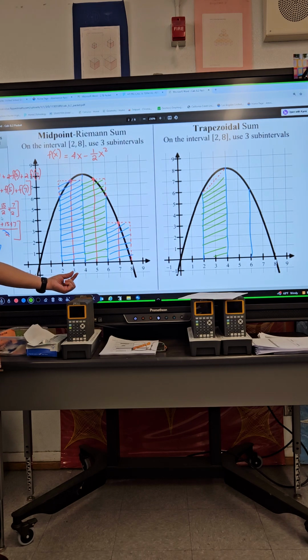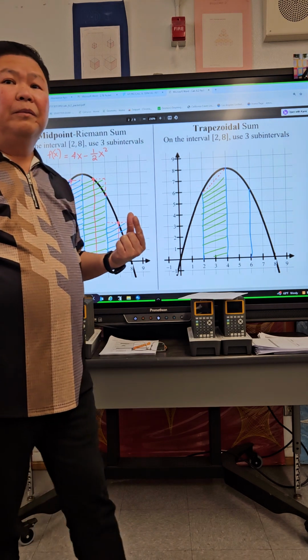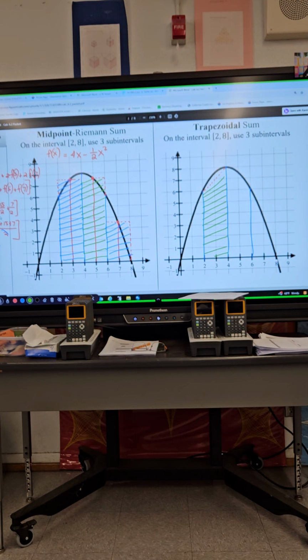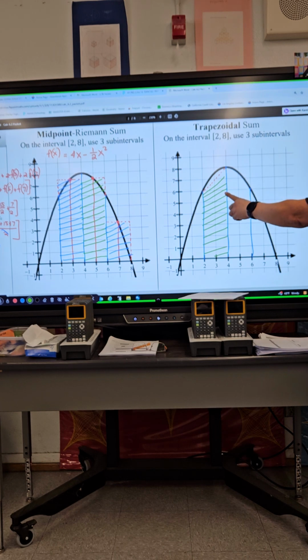A while ago, this is the width, right? Can the width serve as the height also in the trapezoid? Yes, because if I draw this, it could be similar to this. Is this the height of the trapezoid?